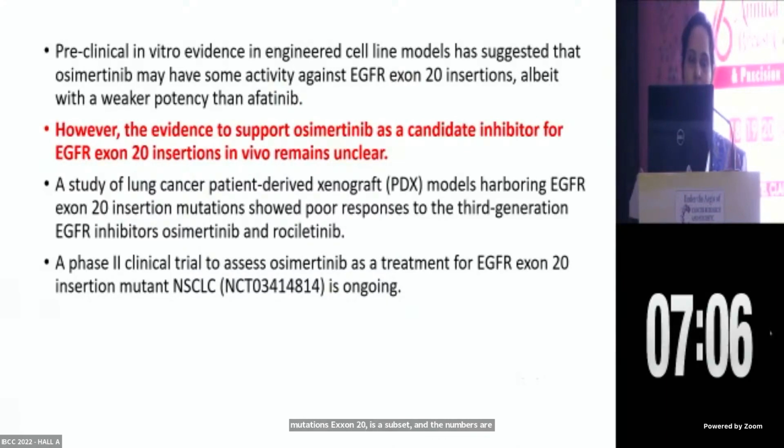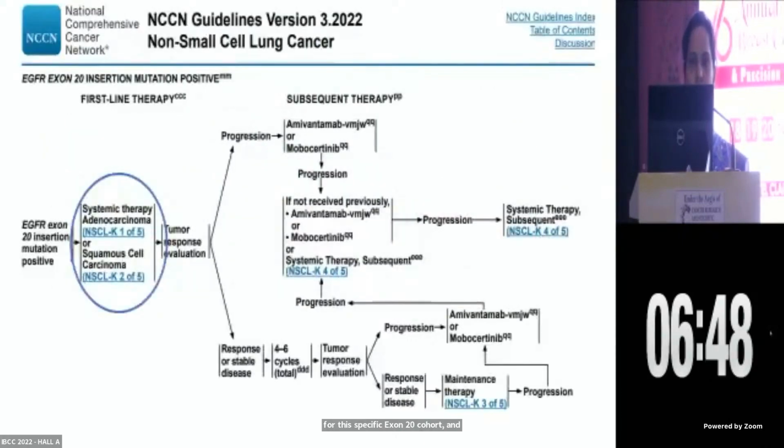Even in our paper, the majority of patients received chemotherapy and less than 50% received osimertinib. In a phase 2 clinical trial, osimertinib is being tested for this specific exon 20 cohort, and this study is currently ongoing. As per the guidelines, the first line treatment for these patients is systemic chemotherapy depending on the histology.